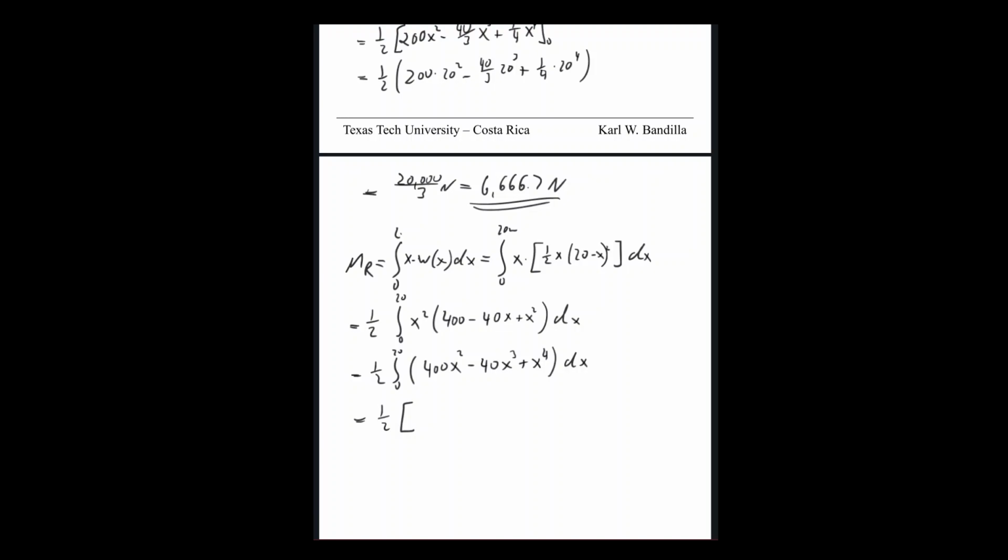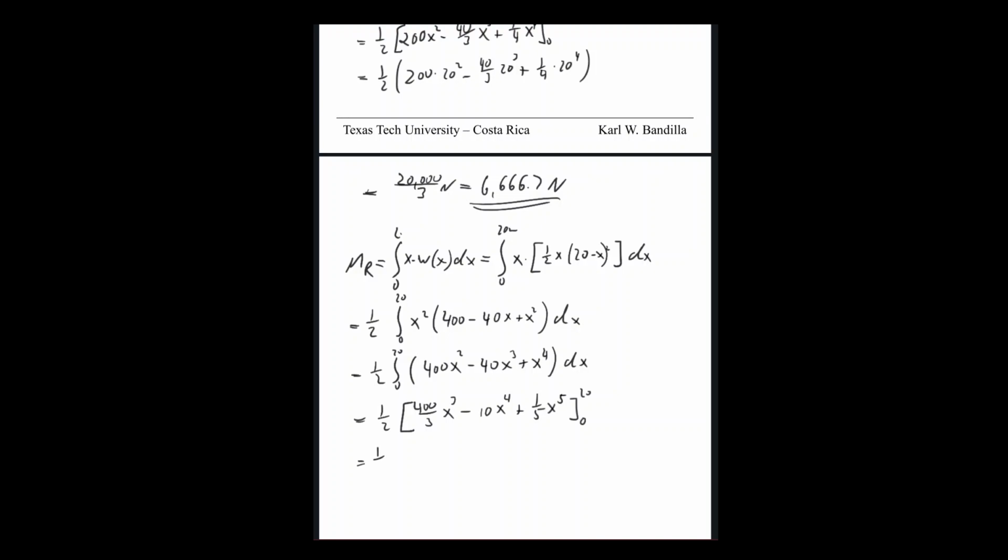And that is 1/2 times, now divided by 3, 400 over 3 x to the third minus 10x to the fourth plus 1/5 x to the fifth, from 0 to 20. Well, the 0 we don't have to worry about, there are no constants in there.